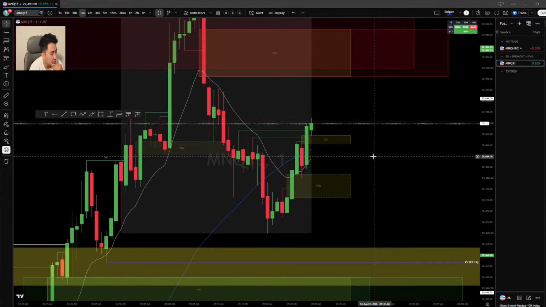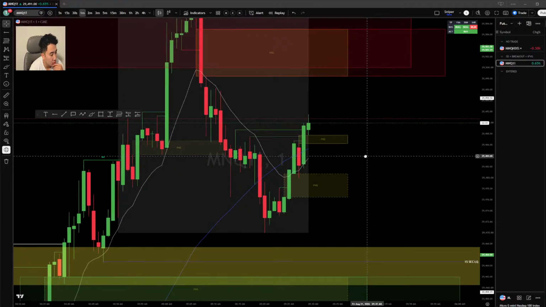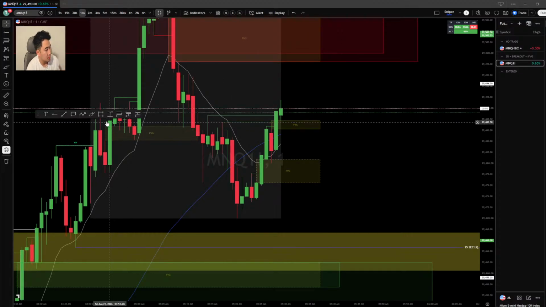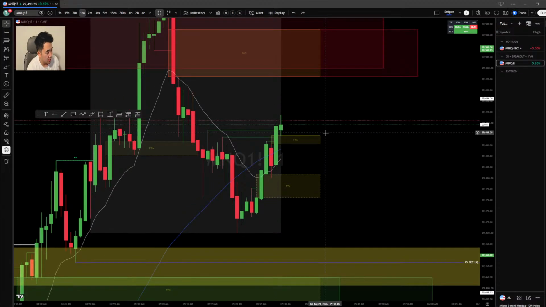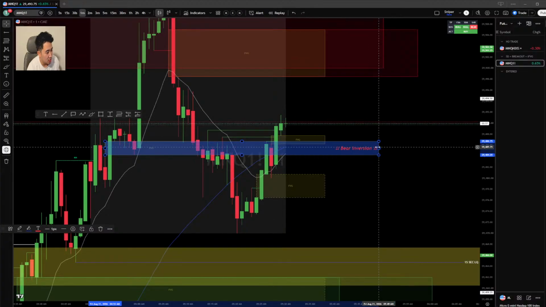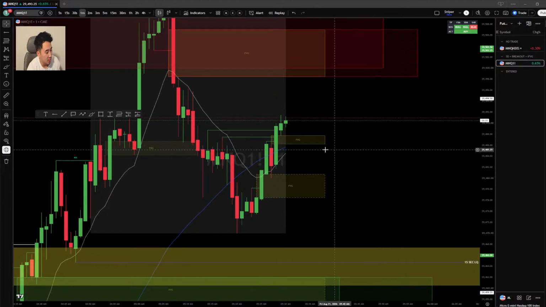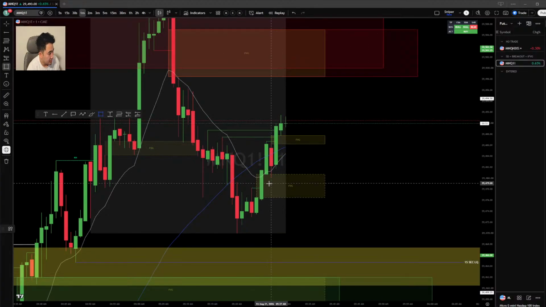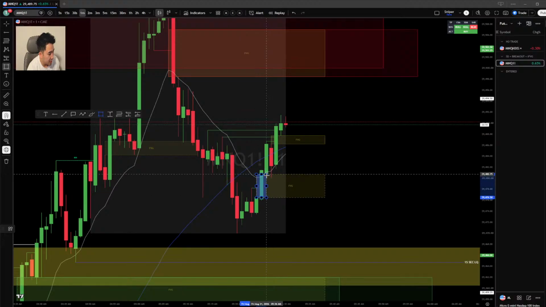Can delete that there. Yeah, the green candle body closed outside this bearish inversion, telling me that buyers are in control now. So delete that zone there. Here we have some bullish gaps.